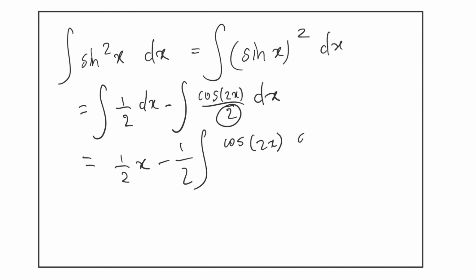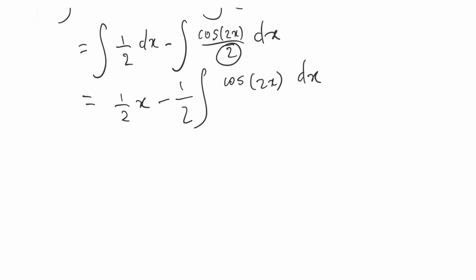Cosine of 2x dx. Okay, now we can also apply u substitution, because we have 2x, which is a function inside another function, and we have its derivative out here. Obviously we have a 2 multiplied by x, but the constants can always be ignored, and then we can multiply the constant by the expression at the very end of our operation, whether it's integration or differentiation.